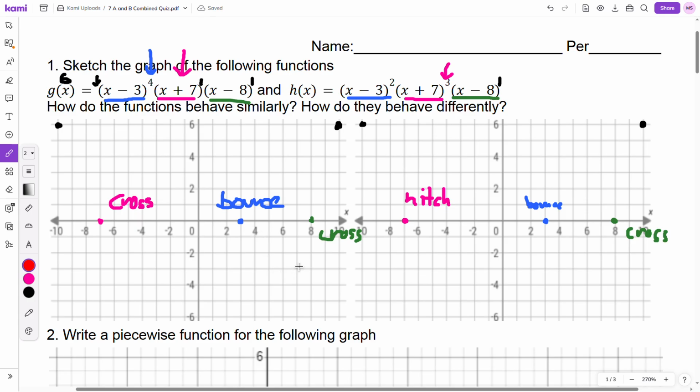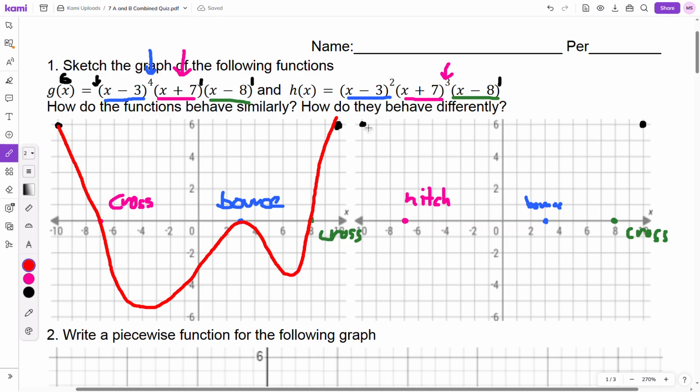And I'm going to come up, and I'm going to cross. And that's it. So let's do that. So I'm coming down, I'm crossing, I'm coming up, and I'm bouncing, and I'm coming up, and I'm crossing. And so that would be the graph for the one on the left.